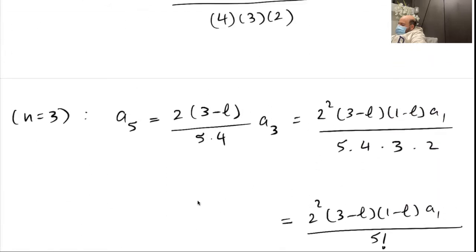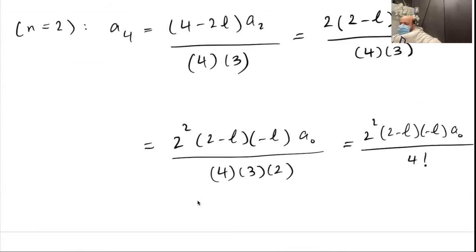See, if the index is even, like A4, look at what we have for A4. It's 2 to power 2, which is half of 4. So if I call this one 2k, then the power of 2 will be k. And I will have minus L, then 2 minus L. So see, only even numbers would appear, all the way to the even number before 4.